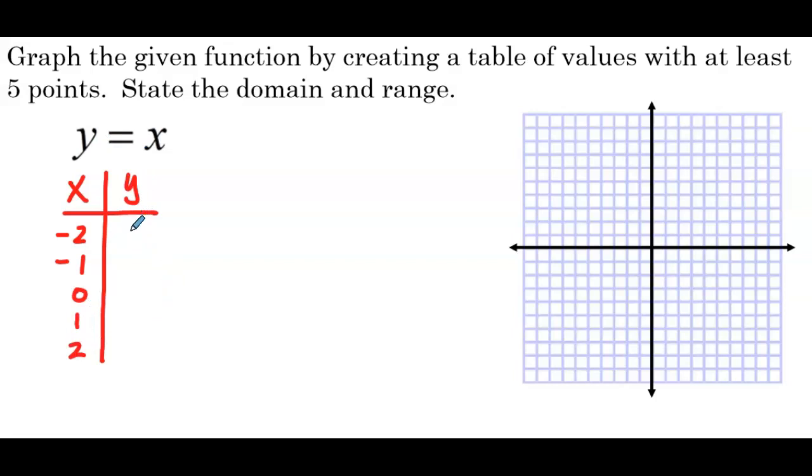So the y values would be -2, -1, 0, 1, 2. So if we plot our points, -2, -2, -1, -1, 0, 0, 1, 1, 2, 2, we can connect our points with a line.